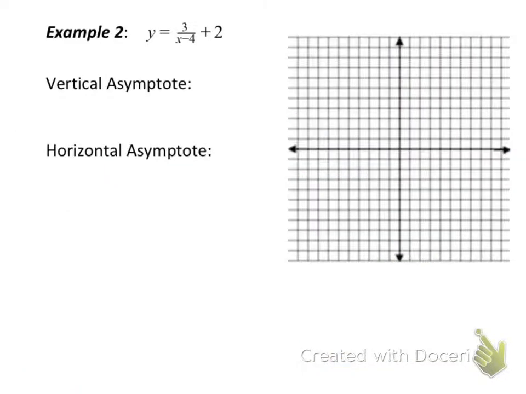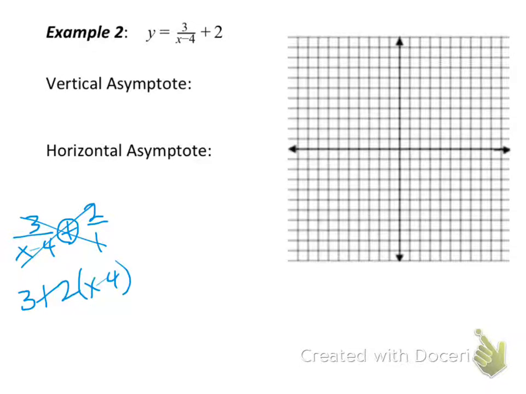All right, let's look at one that's not quite as simple. Again, this is one that has two terms, so we're going to rewrite it. So 3 over x minus 4 plus 2, let's write that 2 as a fraction over 1. When we write two fractions as one, we multiply 3 times 1 and get 3, plus, since we're adding, the other diagonal, 2 times x minus 4.